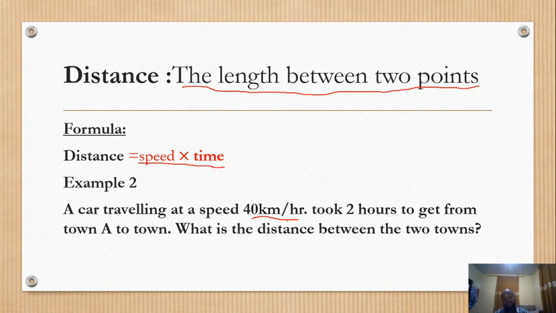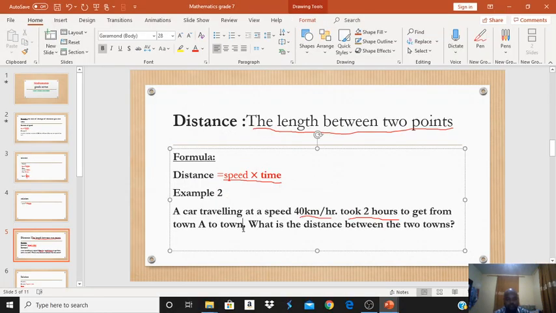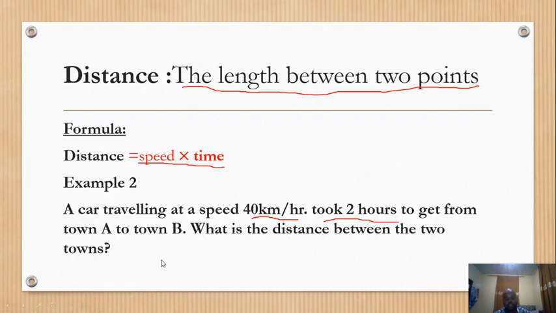So 40 kilometer per hour took 2 hours to get from town A to town B. What is the distance between the two towns, town A and town B, given the speed of 40 kilometer per hour and a time of 2 hours, right? So what is the distance between the two?